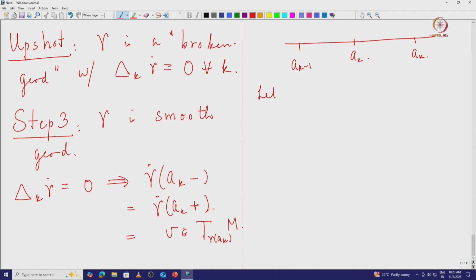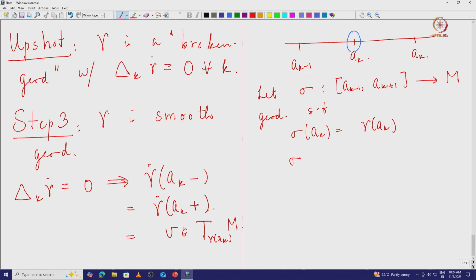Now let gamma tilde, or let sigma, be a geodesic from a_{k-1} to a_{k+1} such that sigma of a_k, so I am specifying the initial conditions at this point, sigma of a_k is given by gamma of a_k and sigma dot at a_k is given by this vector v, okay.